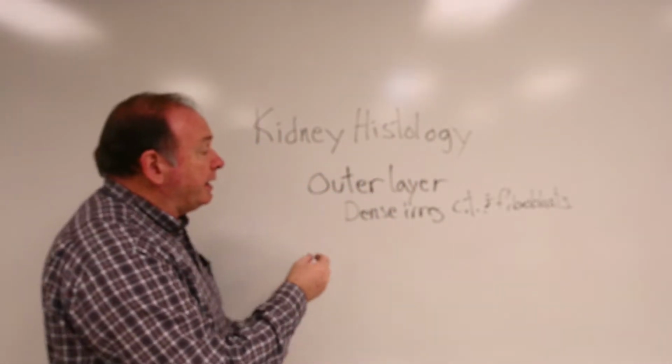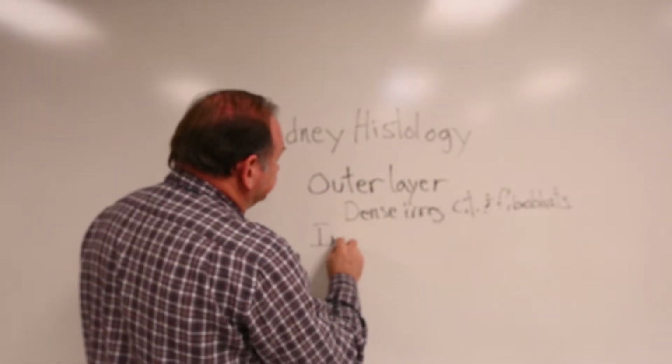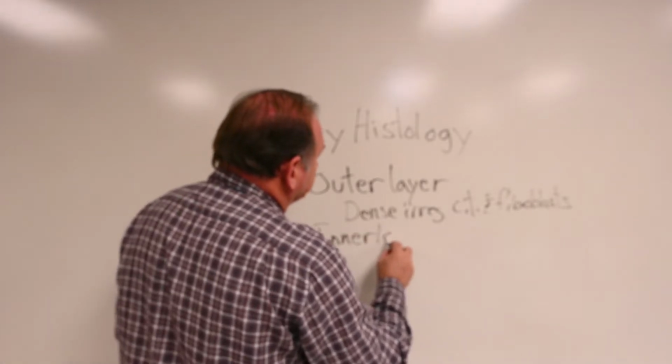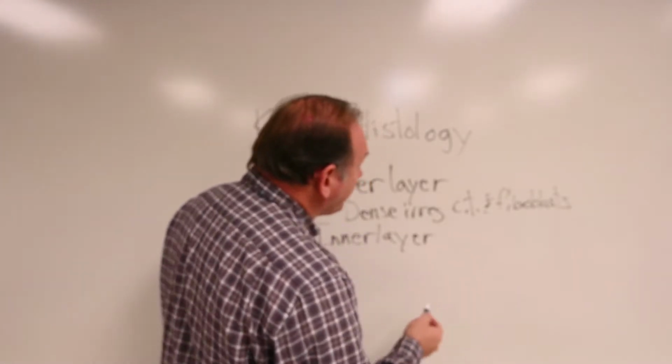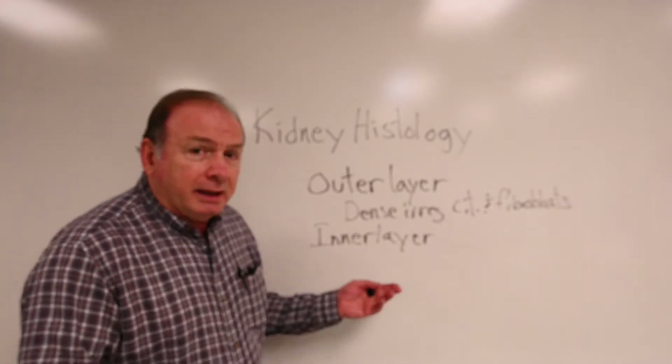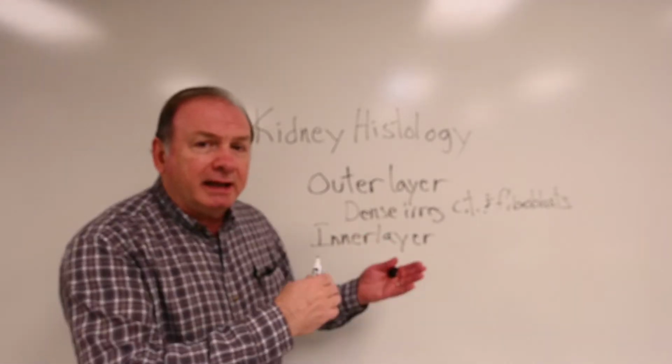The second layer, the inner layer of the capsule, is similar, but it has a little less collagen.